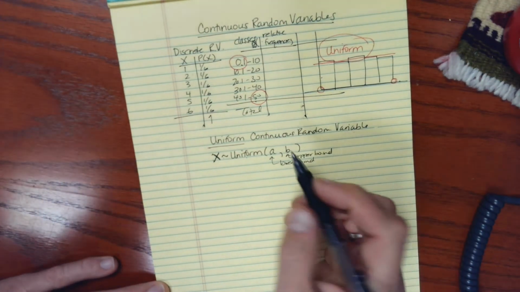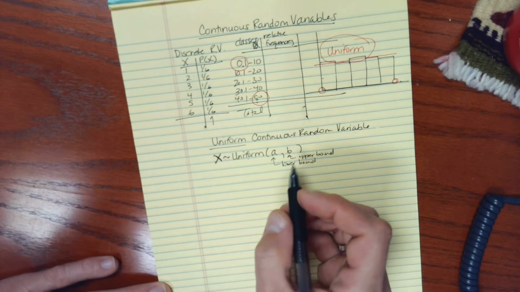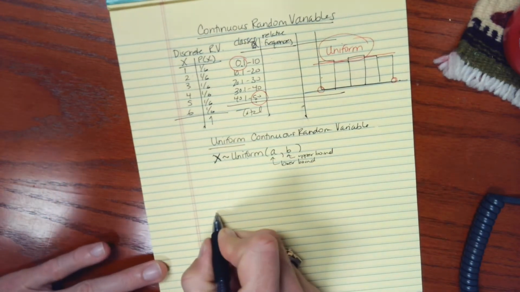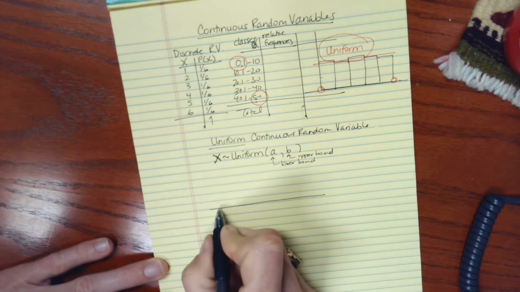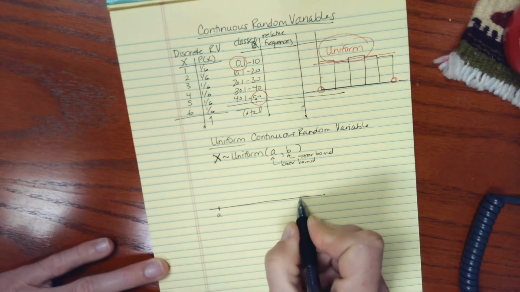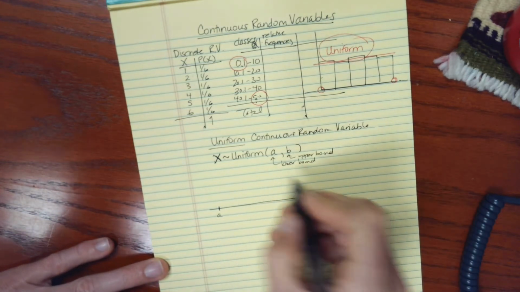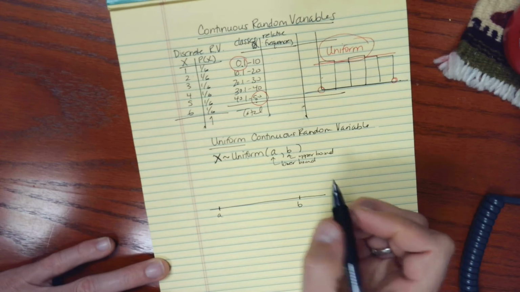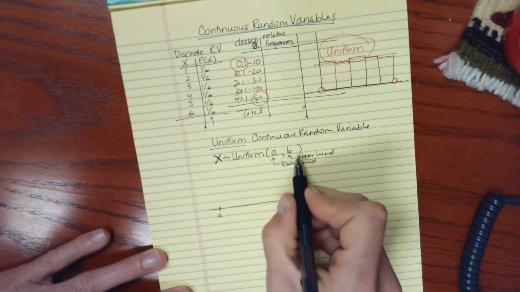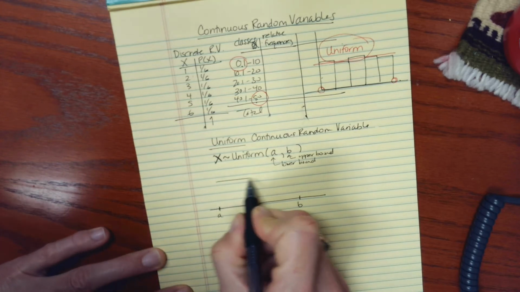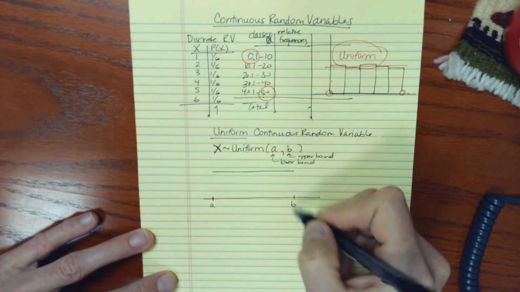All right, so in order to get a picture of what this looks like, we can draw a graph, and we'll put our lower bound here of a and our upper bound here of b. The graph that we use is called a probability distribution function, a PDF. In the case of a uniform distribution, that graph is just a horizontal line that extends above this range of possible values.